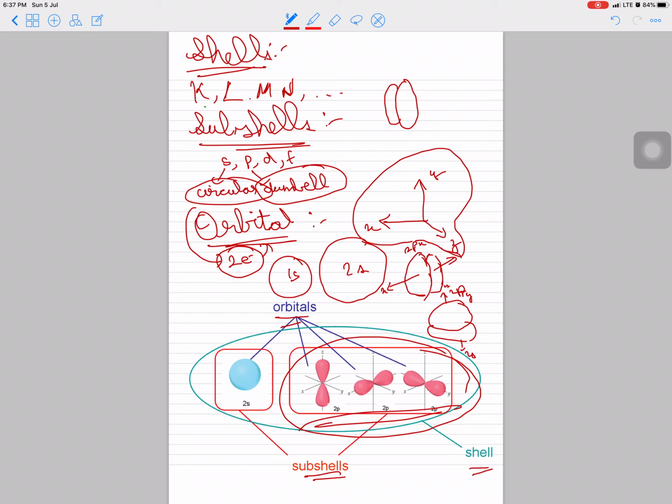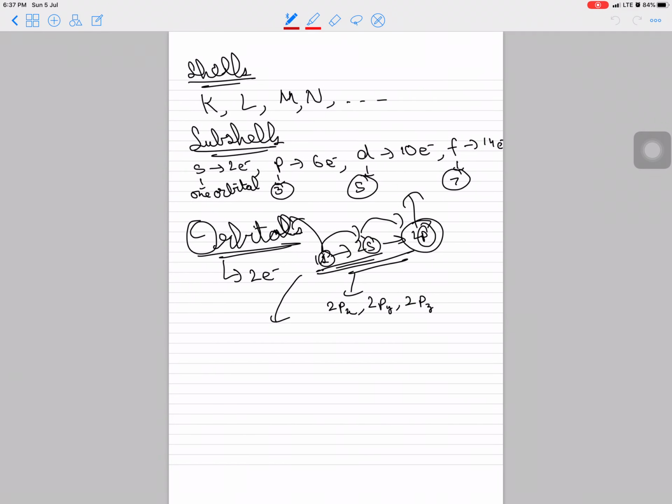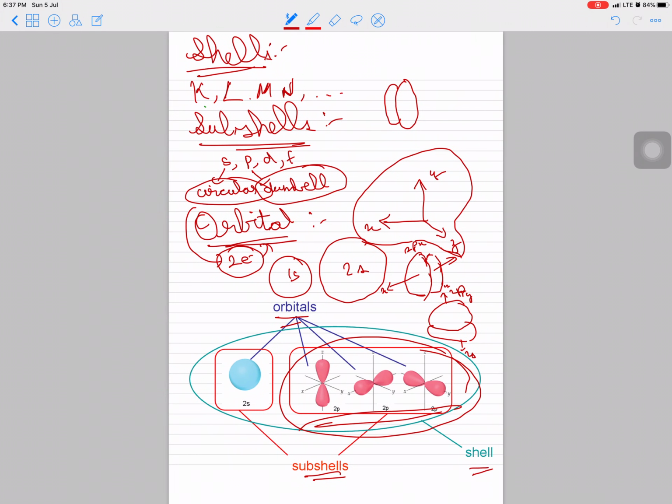but there are some important formulas that you want to remember, and we'll try to derive them in the next video. So let me just give you the formulae. The number of electrons in a shell will be 2n squared.